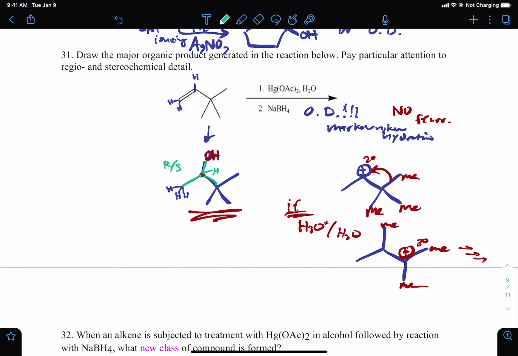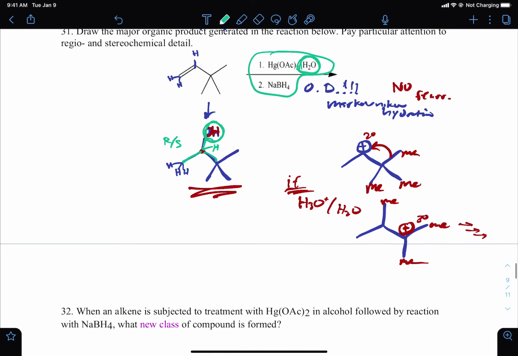Okay. Now the next question is kind of related to this. In this reaction, we use H2O. And it's that water that ends up being the alcohol. Okay.